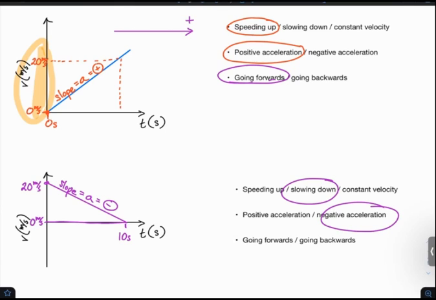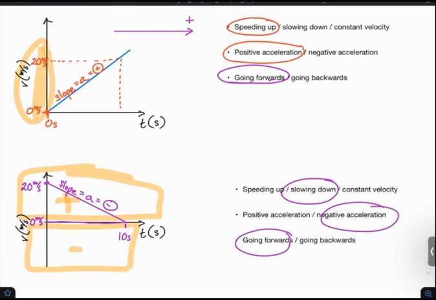Well, if it was going backwards, it would have to have a negative velocity, and negative velocities are down here. Above the horizontal axis are all of my positive velocities. So this is going forwards. Now, it is going forwards, but slowing down. And that's why the slope is negative.